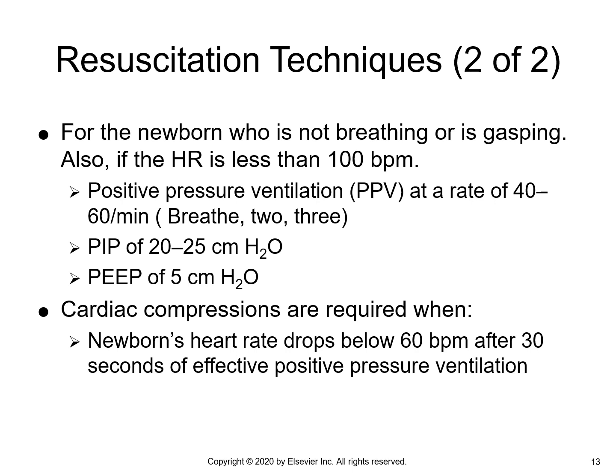But be careful when you're bagging, because unlike adults, we don't just get to squeeze the bag and fill up their lungs. We want to make sure that we're not providing too much pressure. So we start with PIPs of 20 to 25, and you want to keep your PEEP at 5.